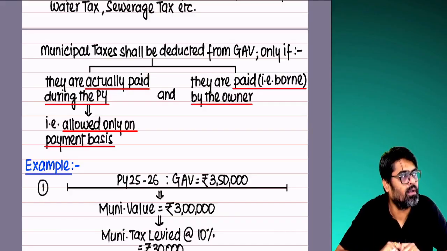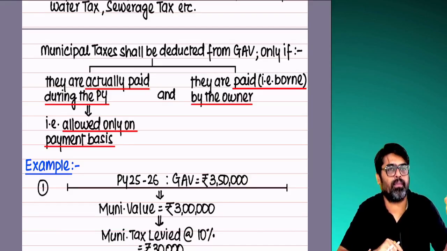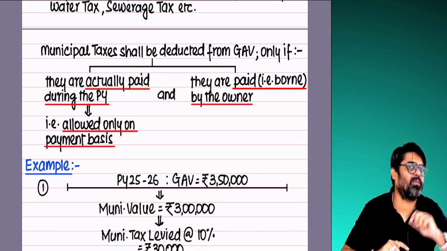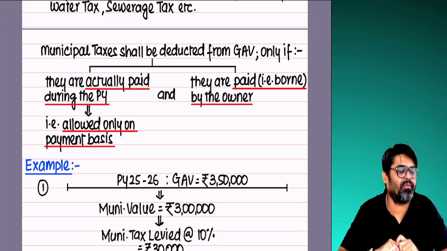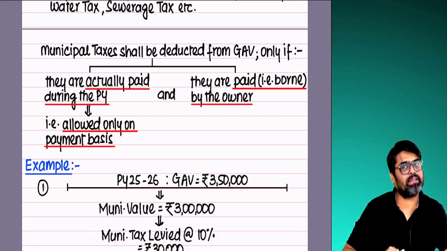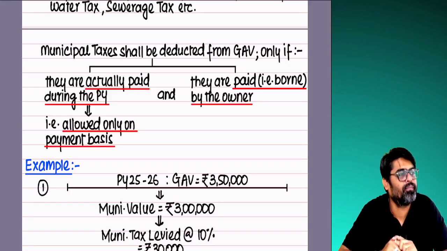Hello sir. Last year, what happened? Last year 15,000 municipal tax was there. I did not pay that 15,000 in the last year. That 15,000 of the last year I am paying in this year. Tell me, any effect?